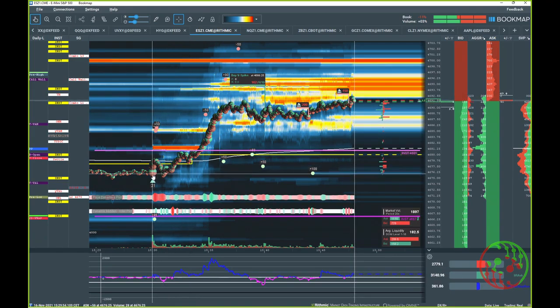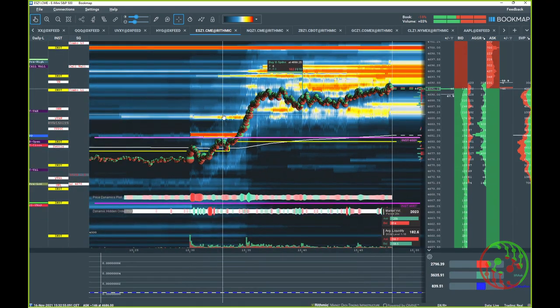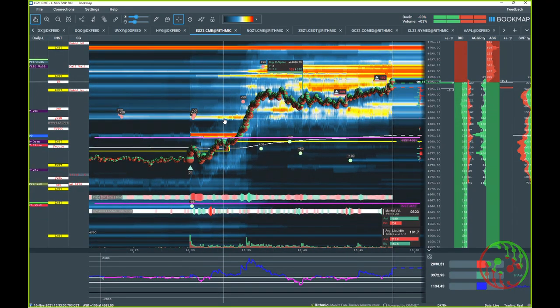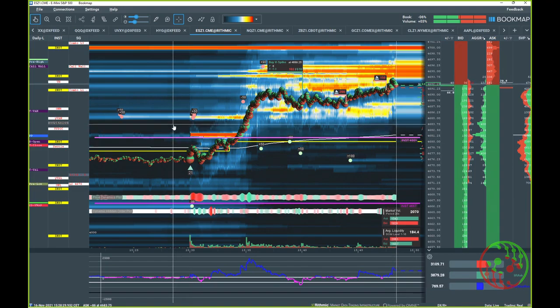I don't want to hurt you, Raimo, and I don't want to offend any one of you here, but I don't think the colleagues at Bookmap quite understand what a stop run is. I just don't want to hurt anyone with that, because if you believe that's a stop run, that's okay. I'm fine with that.